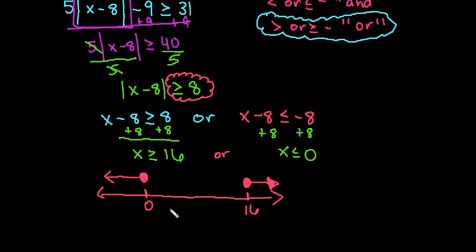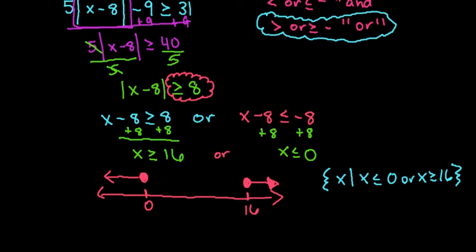Like I said before in many other videos, if you've watched them, this is an acceptable way of writing the answer. If you are in a course that requires set notation, you would just write it as x such that, and then you would start with the smaller one, x is less than or equal to 0, or x is greater than or equal to 16.